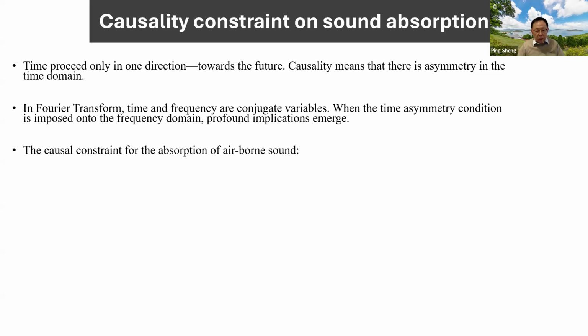So let's see a less well-known constraint imposed by causality on waves. And that has to do with the thickness of the absorber. By the way, this relation applies equally well to electromagnetic wave absorption.